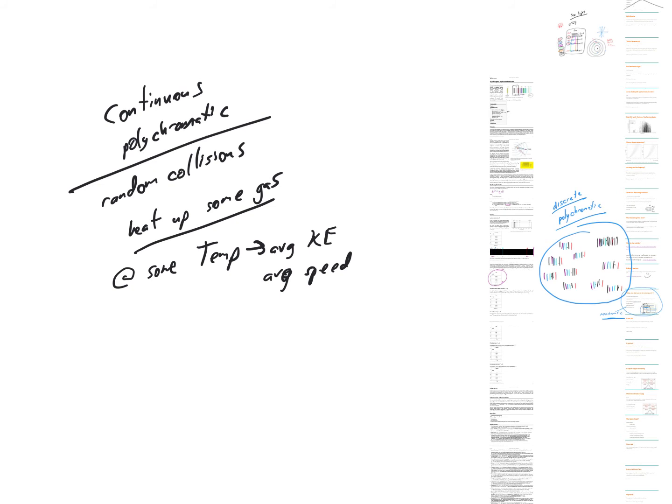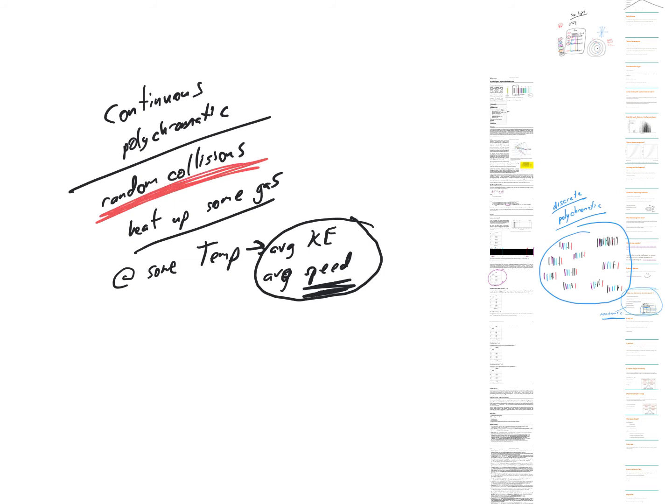But it's actually not just the average. There's a whole slew of different speeds because some atoms are slower, some atoms are faster when you have a big mix of gas. Okay, so you've got a whole bunch of different atoms all moving with similar but slightly different speeds, and they're randomly colliding.